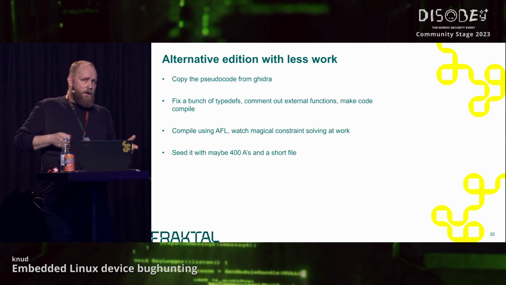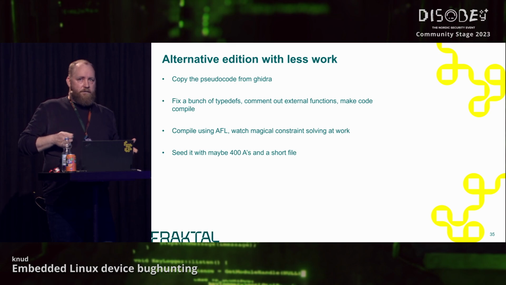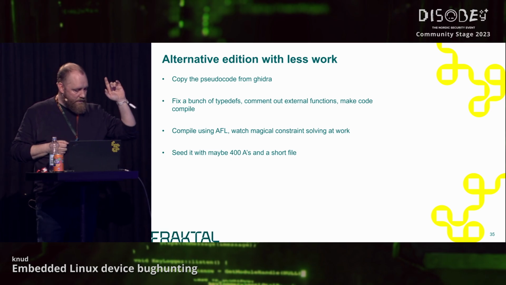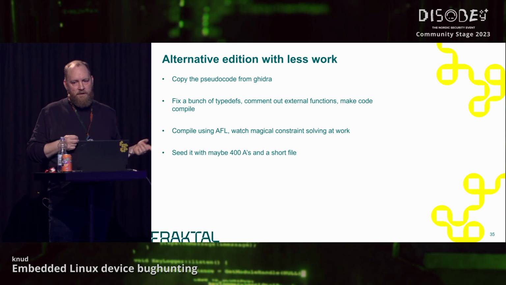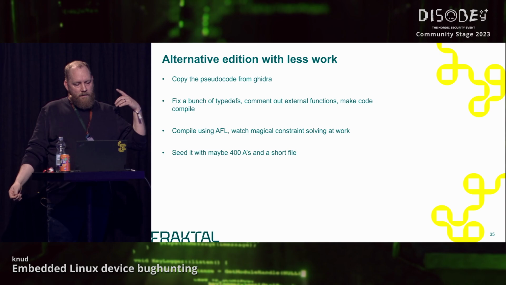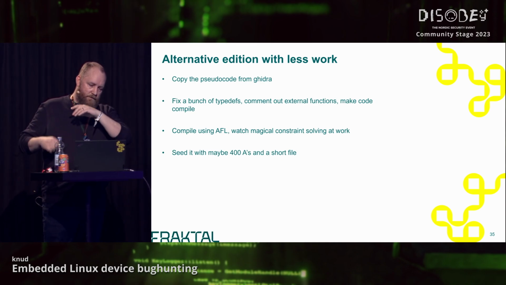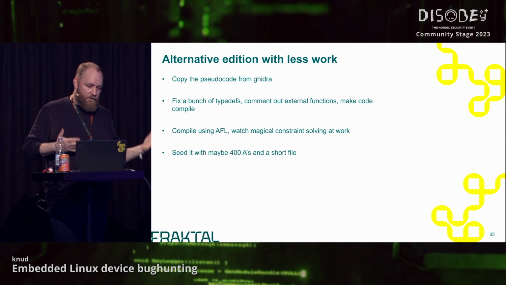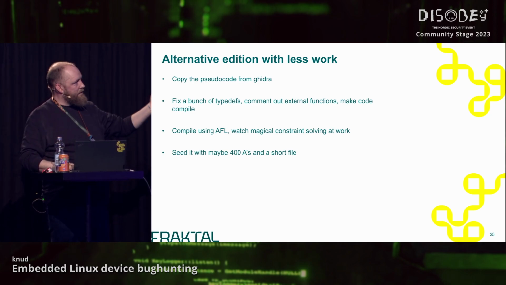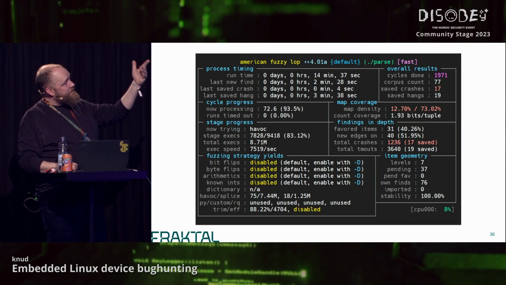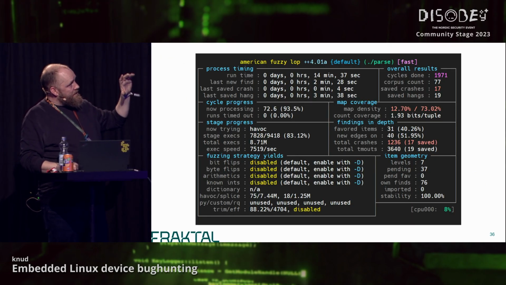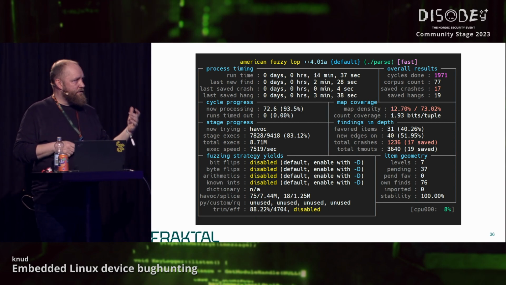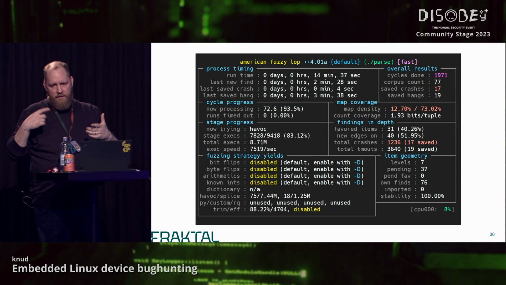So after all that protocol understanding and all that stuff, I figured out that you can actually also just copy all the pseudocode from Ghidra and then fix some of the type definitions in the pseudocode and comment out some calls to some external functions, and then you can actually just make it compile and then do it with AFL, and then seed it with 400 A's, and then, as you will see, it will give you a trigger for the crash in about 14 minutes, and with this, you can actually just start operating on the raw packet instead.